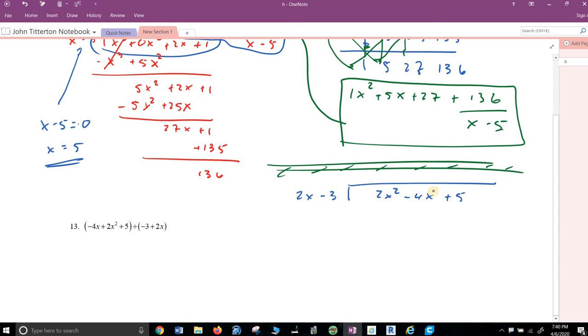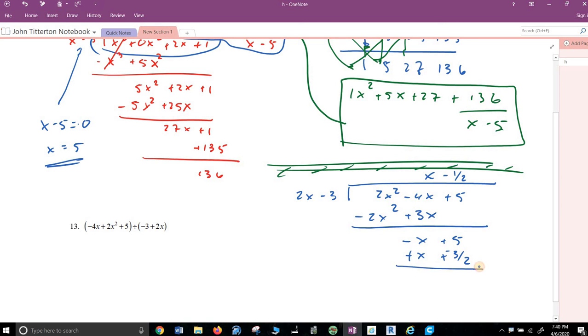What times 2x is 2x squared? X. X times 2x is 2x squared. Hey, I did it right. Minus 3x. Change them. We get negative x plus 5. What times 2x is negative x? Negative 1/2. Negative 1/2 times 2x is negative x, positive 3/2.